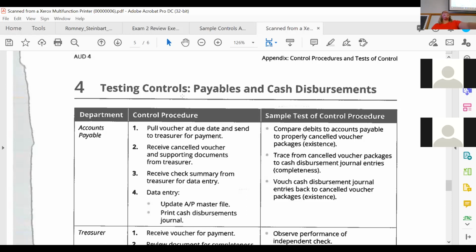On the audit side, you're testing them. So this is a good reference document for those of you who are accounting majors, when you get to Dr. Richardson's auditing class and move over to the testing side of things.